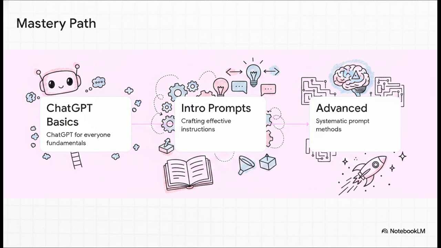Step 1 covers the absolute fundamentals, ChatGPT for everyone, requiring literally zero prior experience. Step 2, the introduction to prompt engineering, teaches you the actual mechanics of crafting effective instructions and how these models interpret what you're typing. And finally, step 3 brings you right back to applying those advanced, systematic methods we just explored. It truly takes you from absolute zero all the way to advanced mastery.